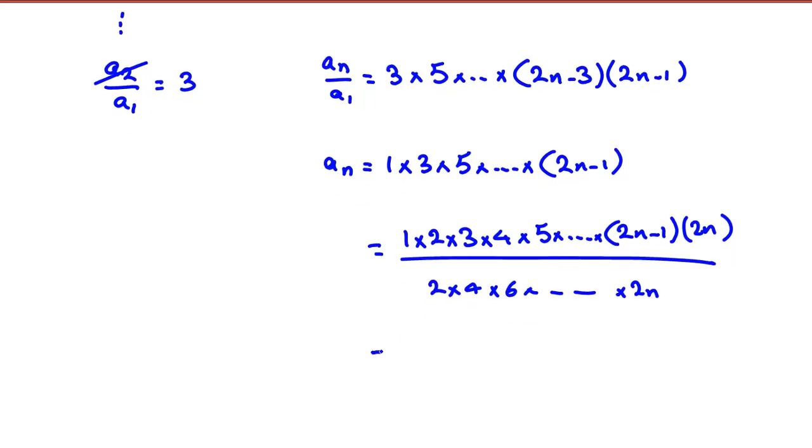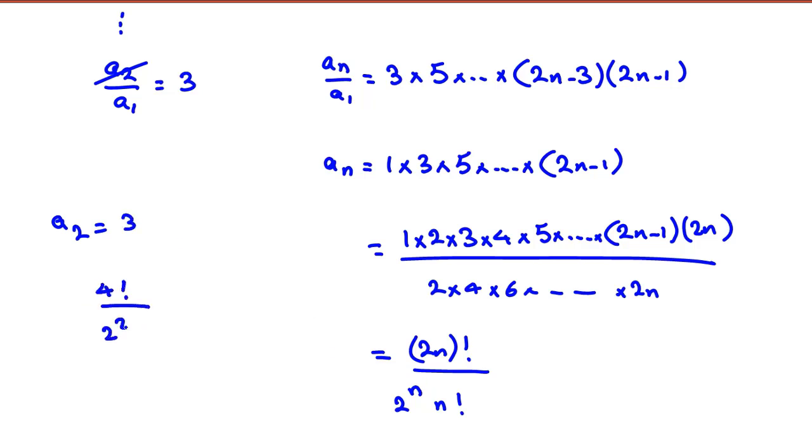Now the numerator is (2n) factorial, and the denominator, if you factor out all the 2's, is 2 to the n times n factorial. So for example, if you replace n with 2, we know a2 by this formula is 1 times 3, 3. If you replace here, it will be 4 factorial over 2 squared times 2 factorial, which is 24 over 8, which is 3.